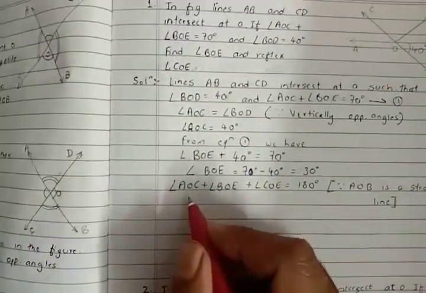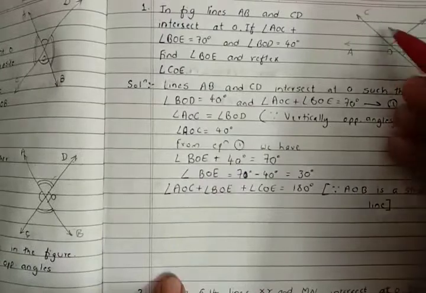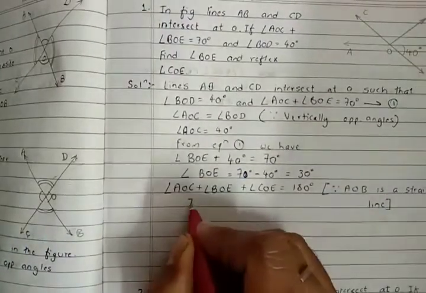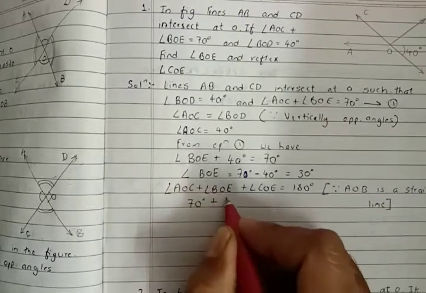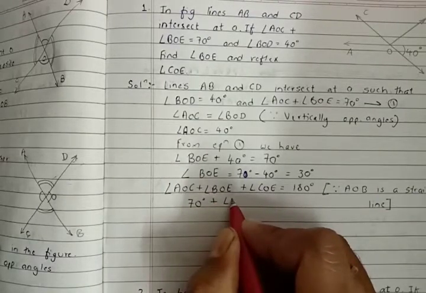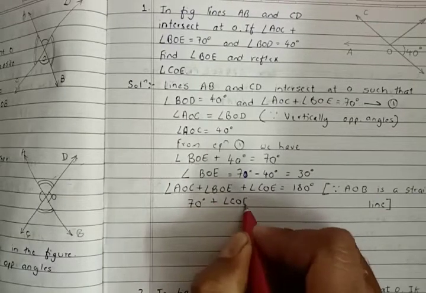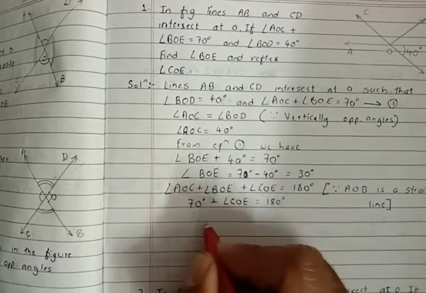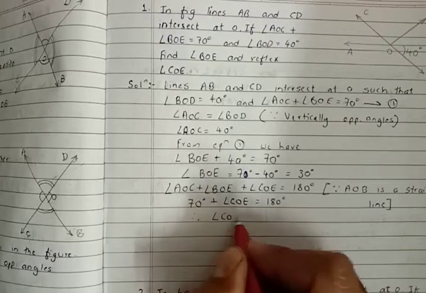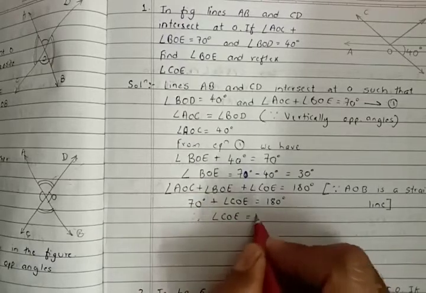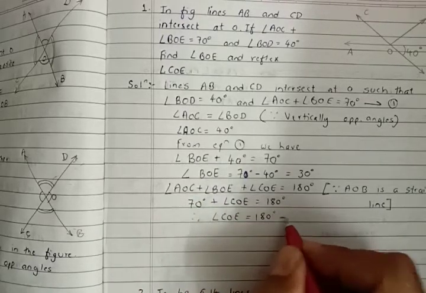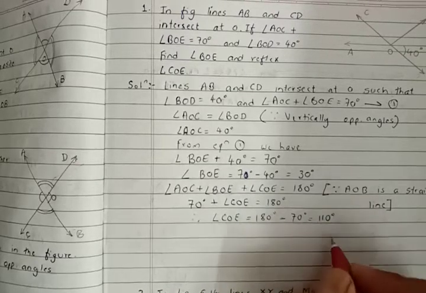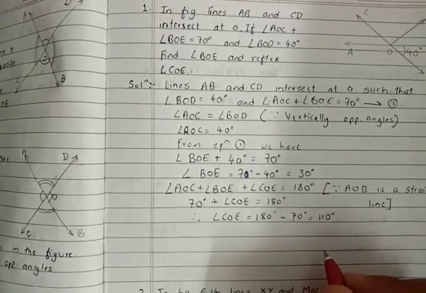Now we know that angle AOC plus angle BOE is 70 degrees. So 70 degrees plus angle COE equal to 180 degrees. Therefore, when we solve this, we will get angle COE equal to 110 degrees, right?